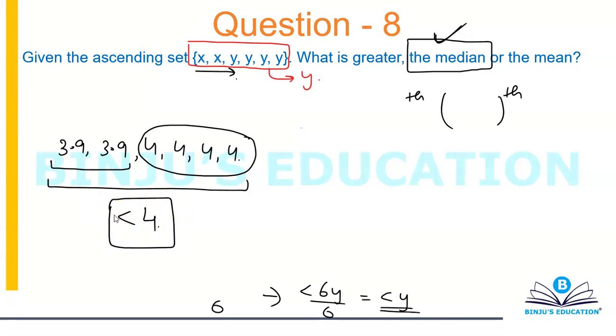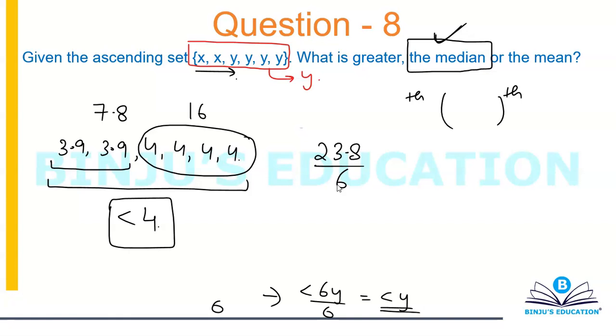You can add them up: 4, 4, 4, 4 is 16, and adding 7.8 gives 23.8 divided by 6, which will again be less than 4, because 6 into 4 is 24.